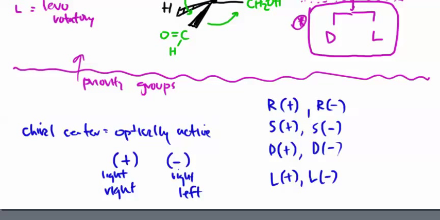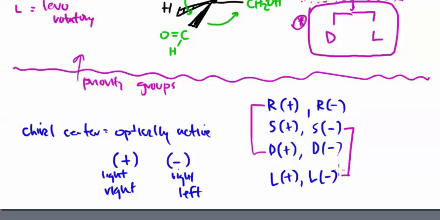Well, what does have something in common? Well, we already said the R and the D can be used interchangeably. They mean the same thing. The S and the L can be used interchangeably. They are really referring to the same thing.